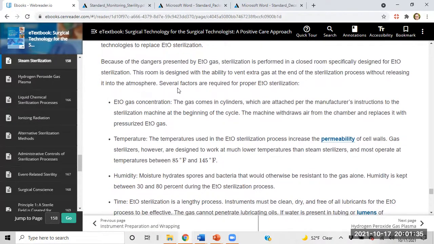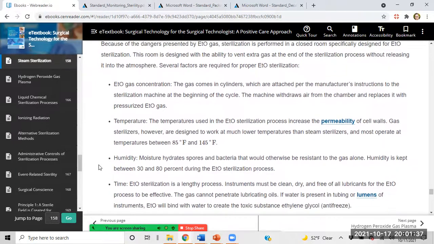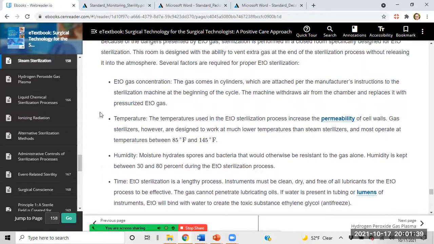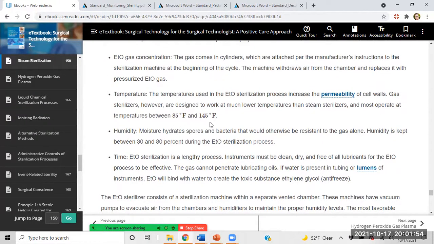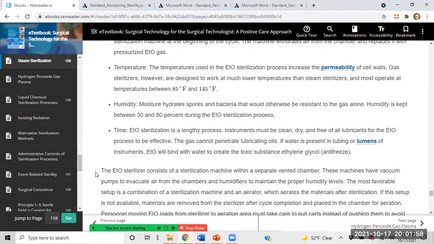Some of the things that could happen if you're working in central sterile department and the sterilization is not being completed: you want to look at the ETO gas concentration, making sure that it is adequate. If the temperature is not between 85 and 145, it won't be effective. The humidity has to be between 30 and 80%, and then the time.